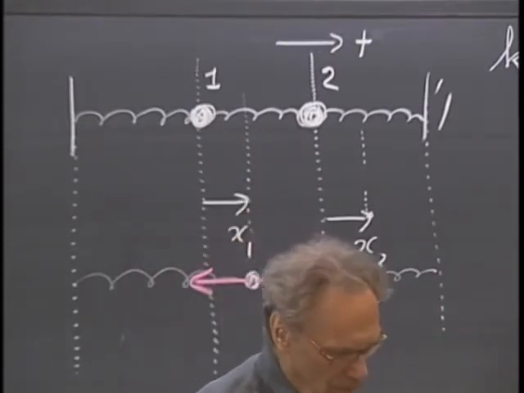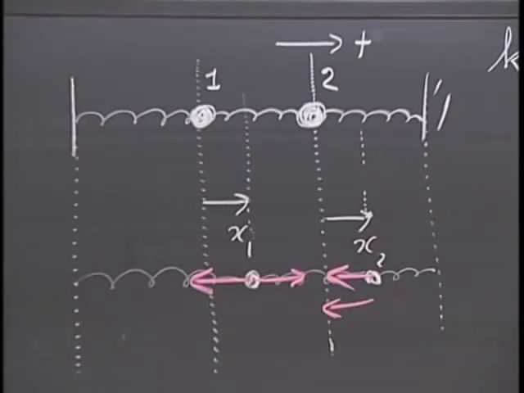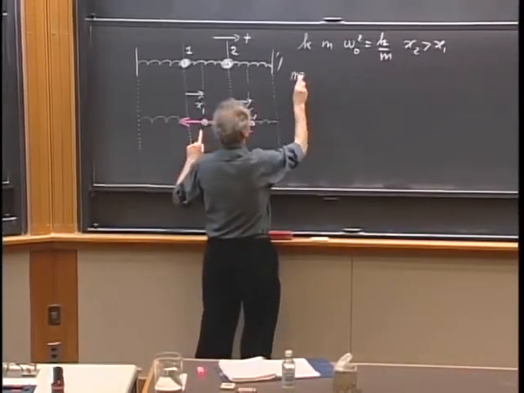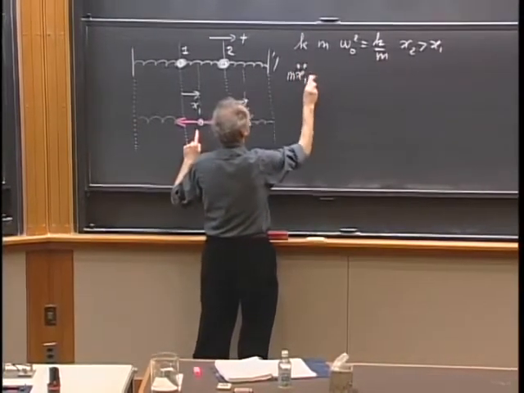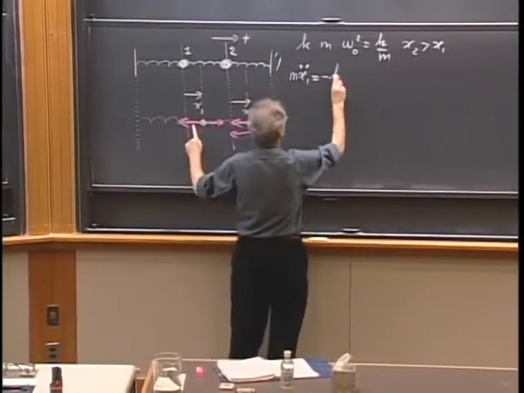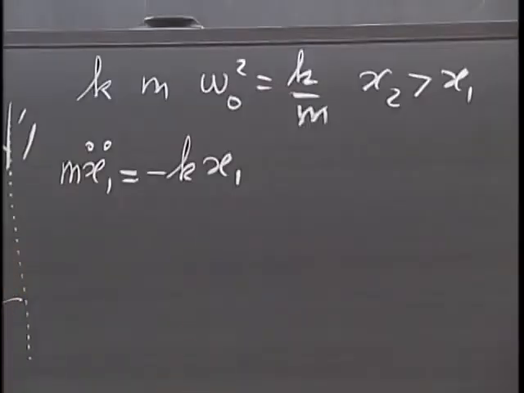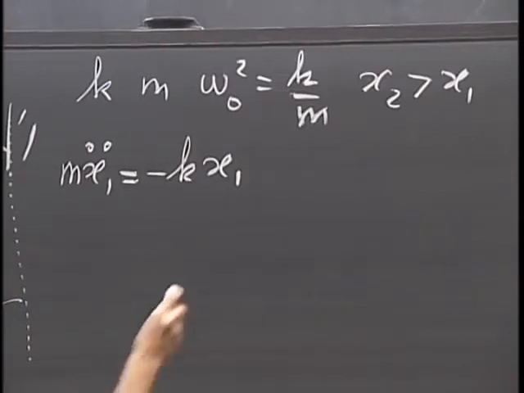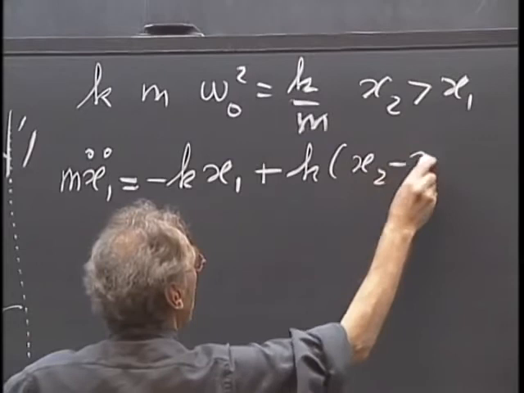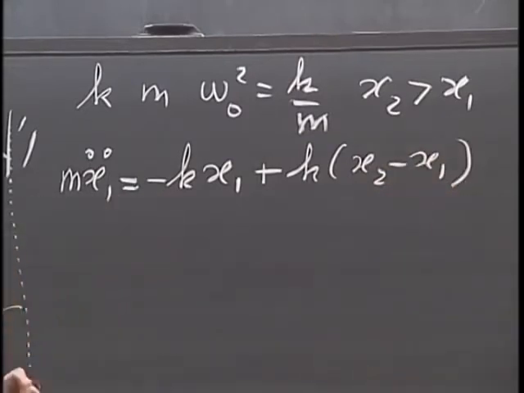And so now I'm going to write down the differential equation first for object number 1. So I get m x1 double dot. This one is minus k times x1, and this one is plus k times x2 minus x1.